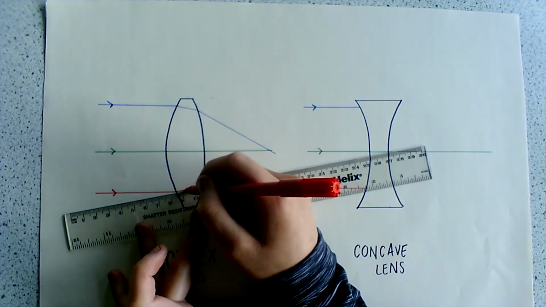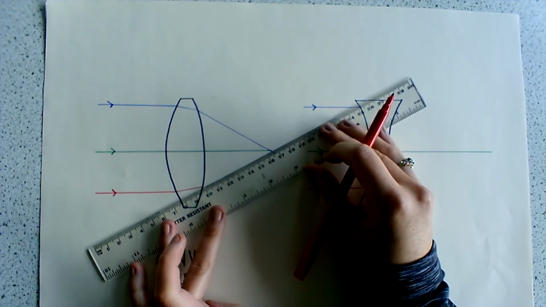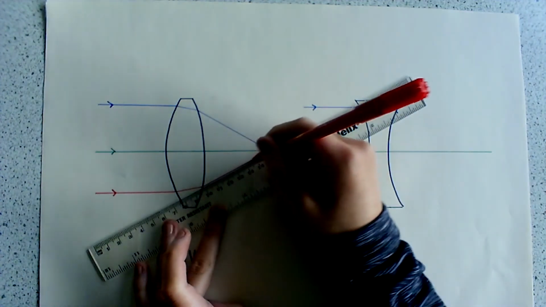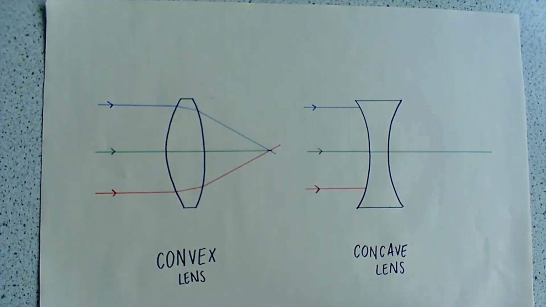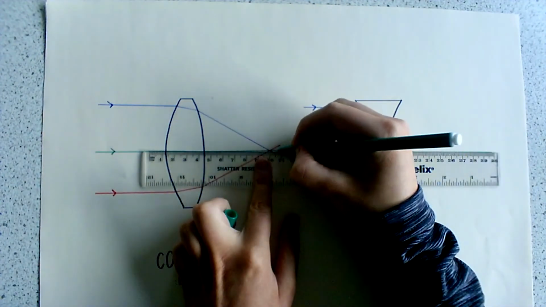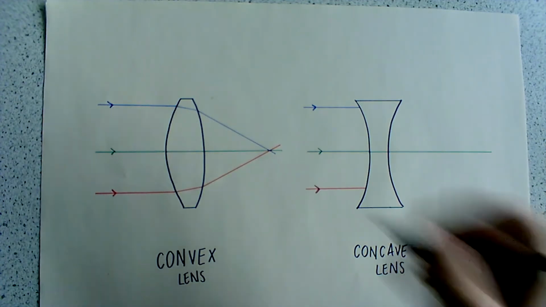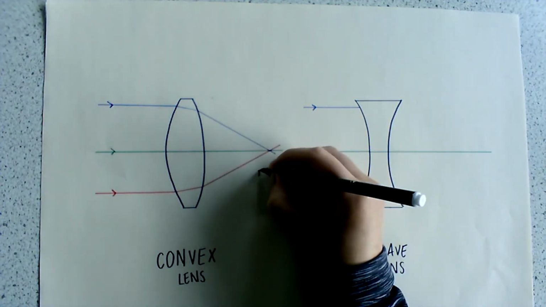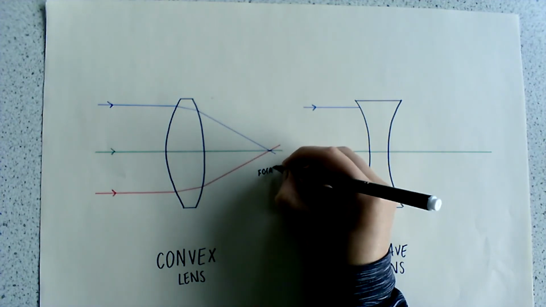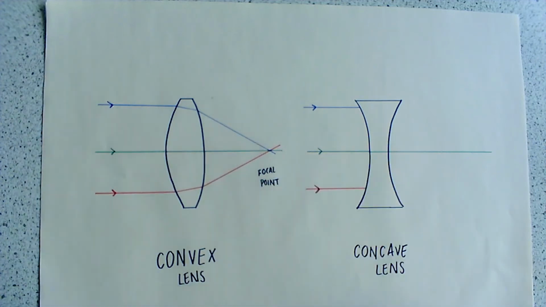So it moved towards the green normal, and then even more so as it left the glass, like so. So we should see that there is a point in which they cross over. And this point here is known as the focal point. So where all the light comes to focus.